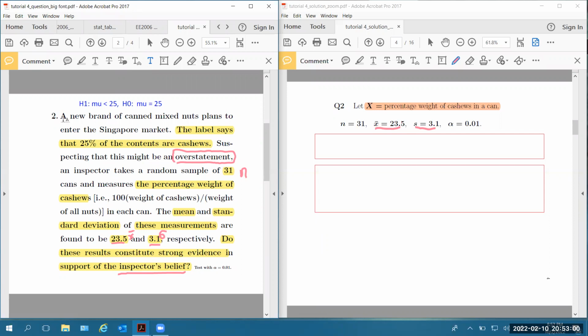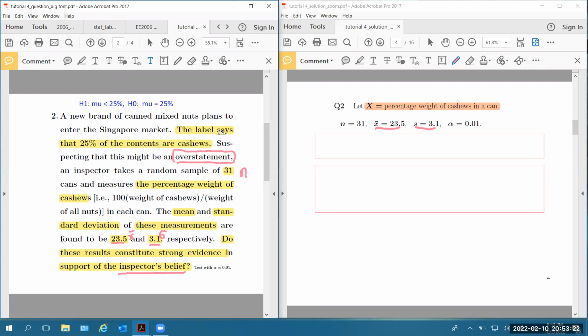Good. Anyone want to ask me why I put 25? Why I don't put percent? Should I put a percent here or not? Class, do you think we should put percent?